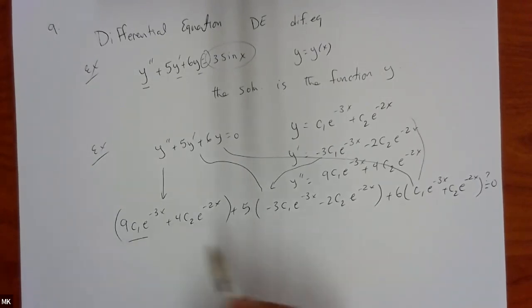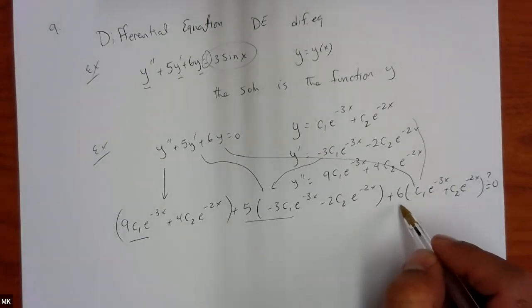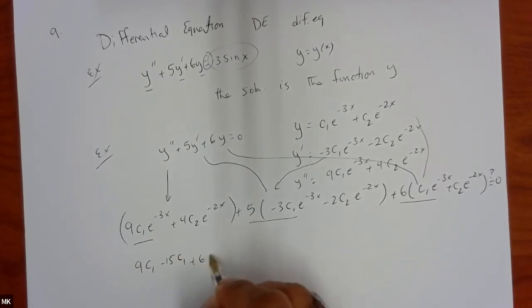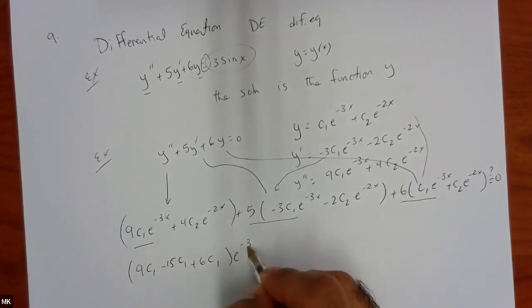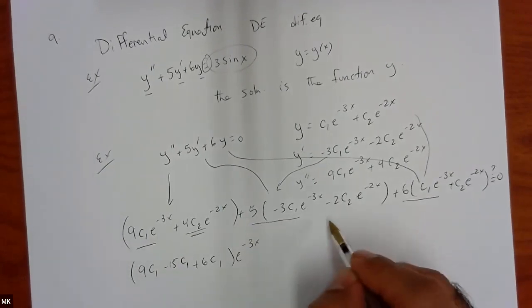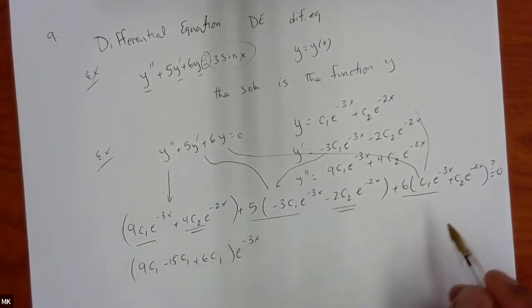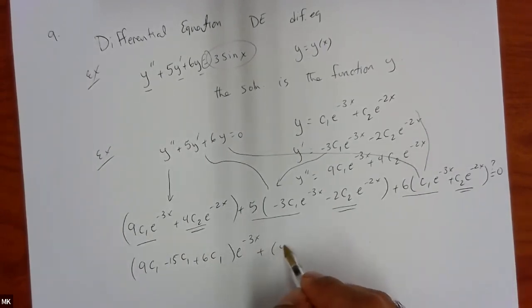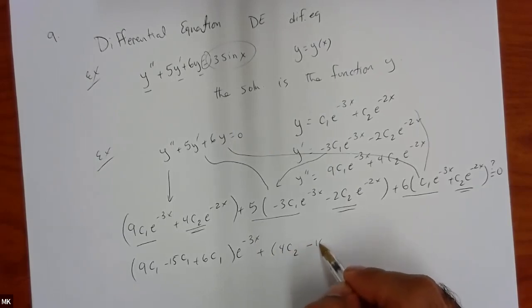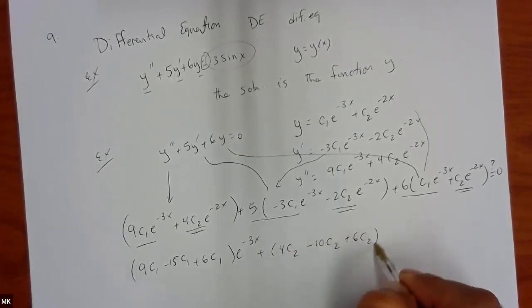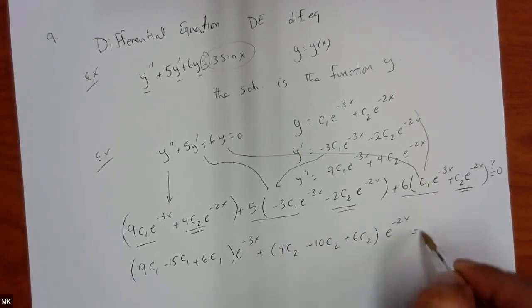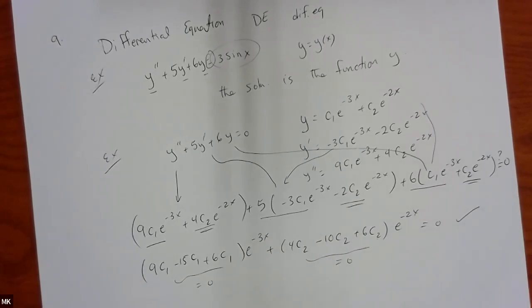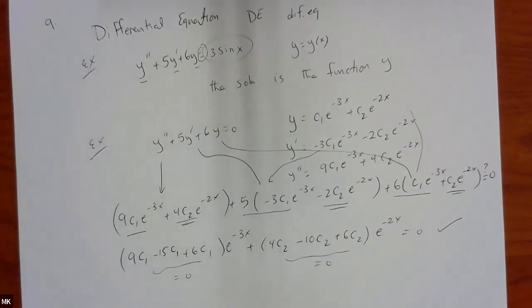So I have 9c1, negative 15c1, and 6c1, with e to the negative 3x. Then 4c2, 5 times negative 2 is negative 10c2, and 6 times c2. And of course, this is equal to 0. So yes, it is a family of solutions.